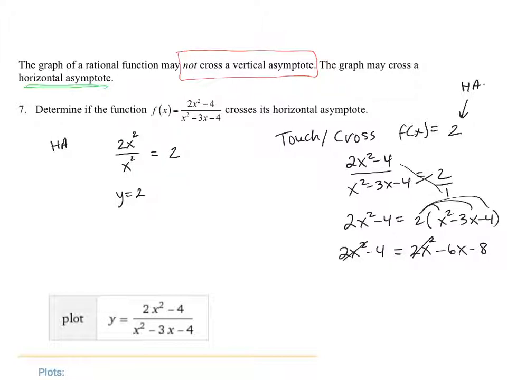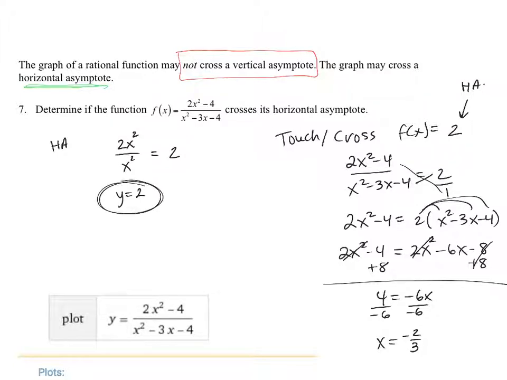We can subtract 2x squared. I'm going to go ahead and add 8 to both sides. So I would get 4 is equal to negative 6x, and dividing by negative 6 we would get x equals negative 4/6, which simplifies to negative 2/3. So that's the touch point.